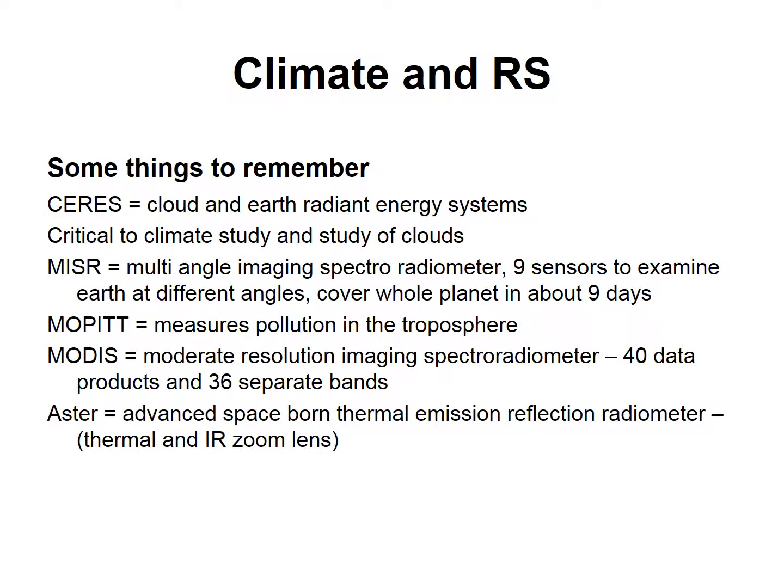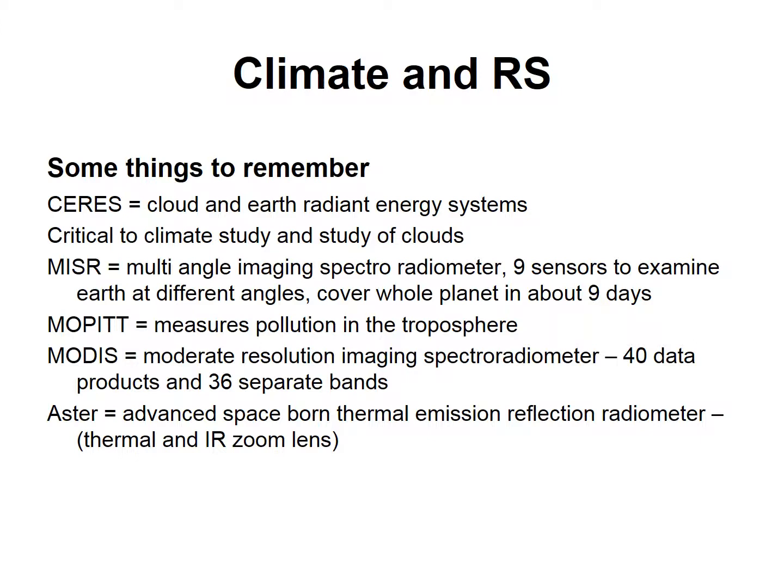So let's just go over what some of these satellite systems are called, what it actually means, and maybe a little bit about what it does. So the first one is the CERES, which is the Cloud and Earth Radiant Energy Systems device. And this is just a sensor that's in a satellite, or the name of a satellite, depending on the different ones. And it was designed for climate study, specifically to study clouds.